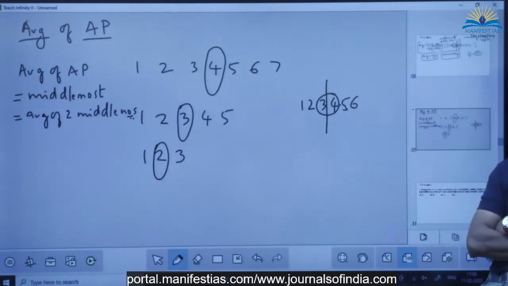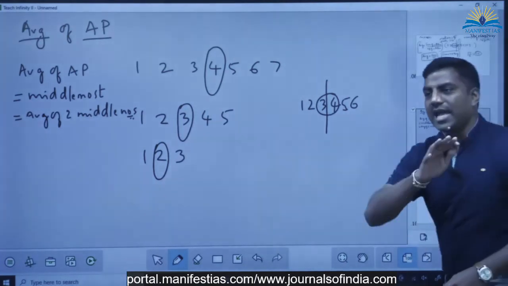What if I give the range like the average of numbers from 68 to 94? What will you do? Yeah, there is one shortcut for that.